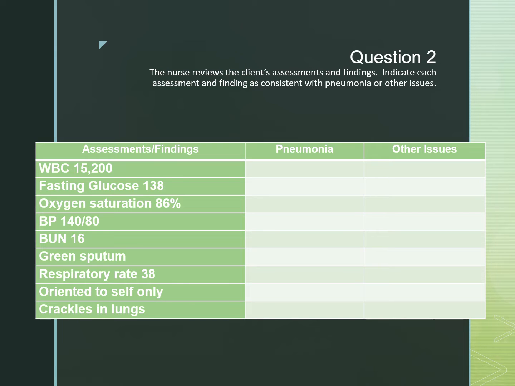Remember, she's 86 years old, and our older adults, a lot of times the way they exhibit infectious symptoms is confusion. So oriented to self only would be the pneumonia. And crackles in the lungs. This is going to be pneumonia.